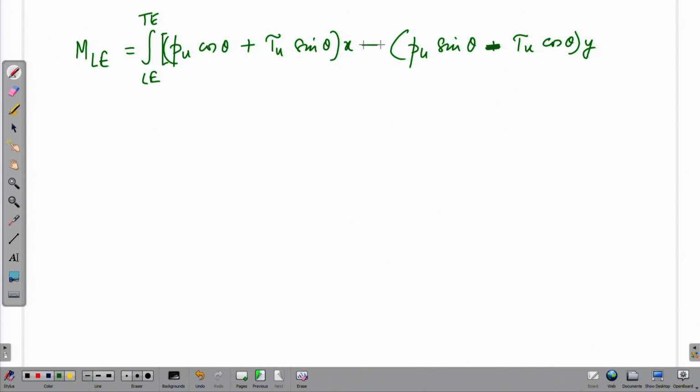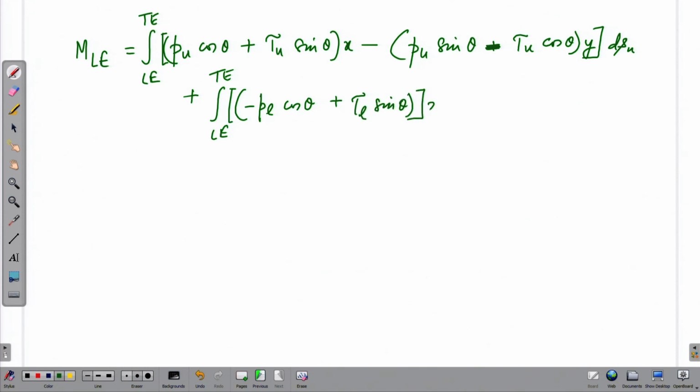This is the contribution of the upper surface and the other is the contribution of the lower surface. This is how it will work out.